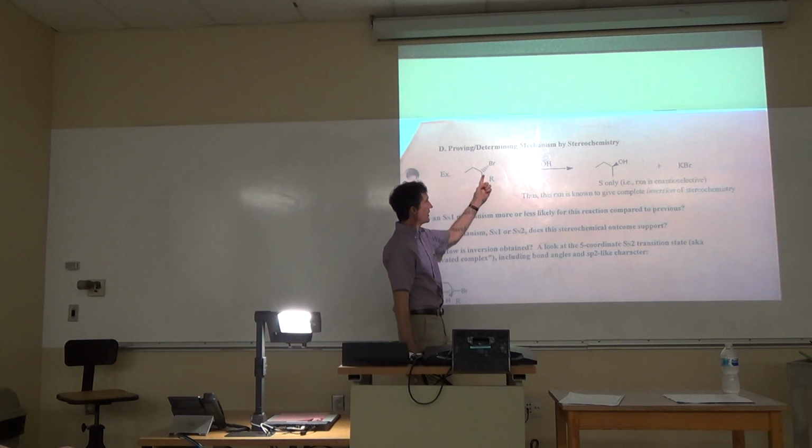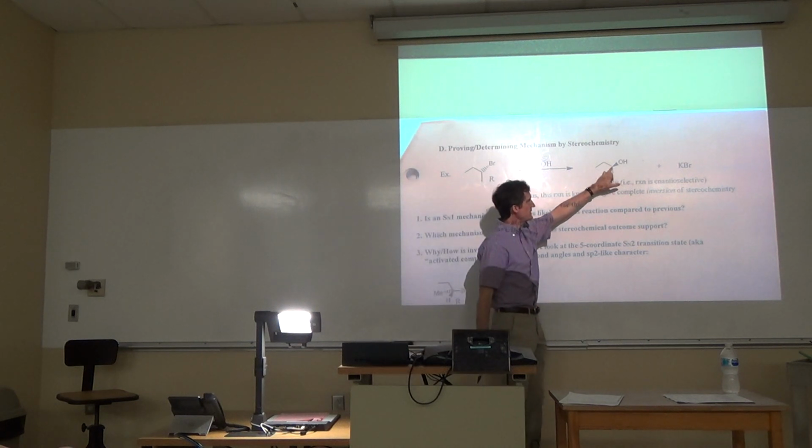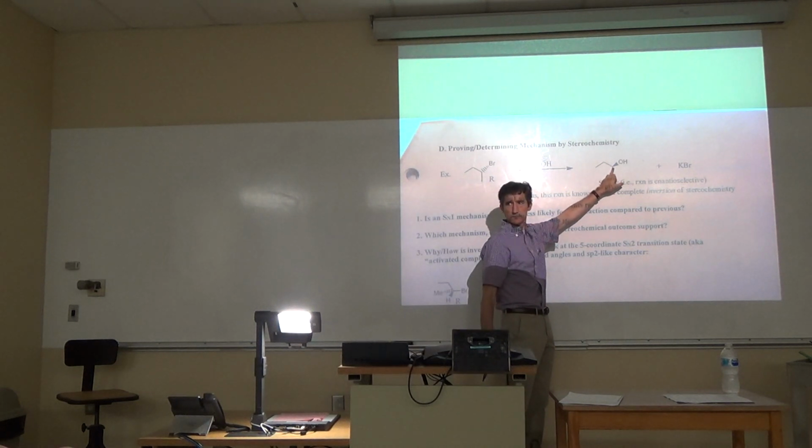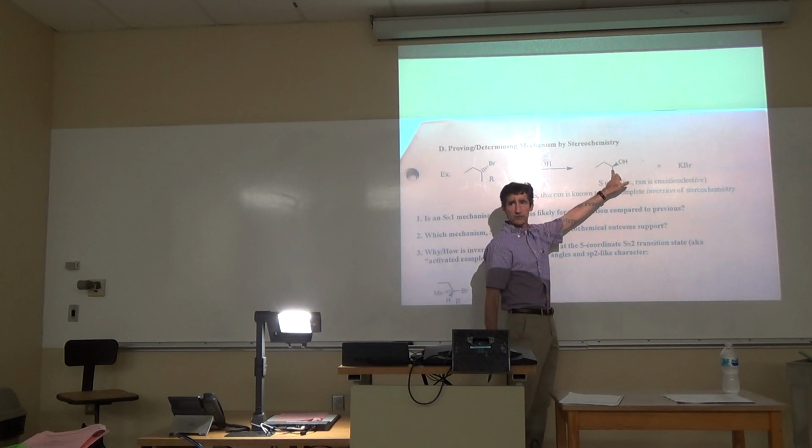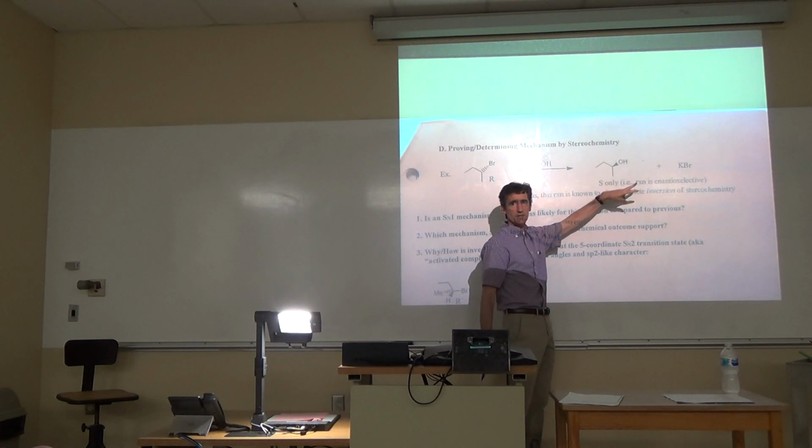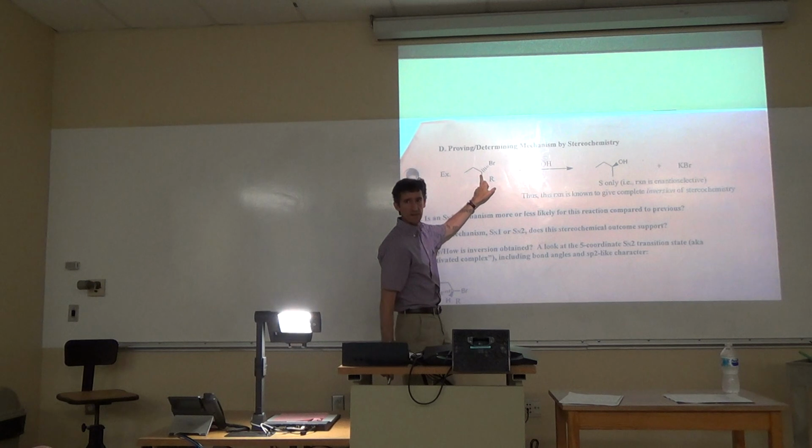But if this is R, and it is, we know that you get S only. And this product would be optically active. With alkene reactions, we said you can never make an optically active product, unless you start with something optically active. But this is optically active.